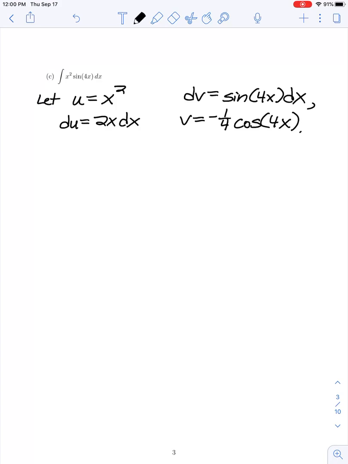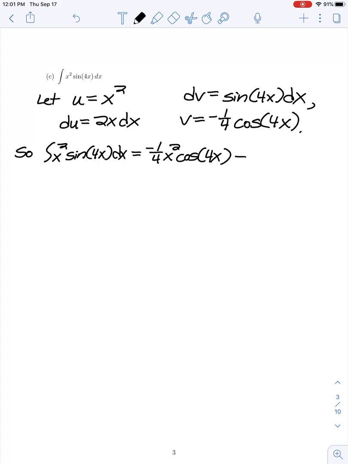So applying the integration by parts formula, the integral of x squared times sine of 4x dx is equal to u times v, which would be negative 1/4 x squared cosine of 4x, minus the integral of v times du.